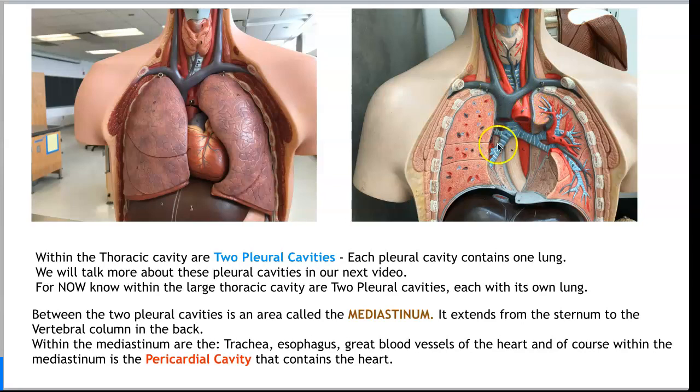So all those structures I just listed, the great blood vessels, the air tubes, the esophagus, are within this region called the mediastinum. And what else is in the mediastinum? This guy. The heart is located within the mediastinum in its own pericardial cavity.